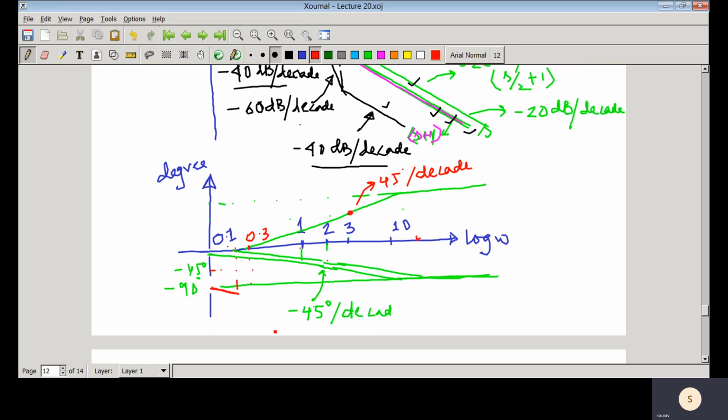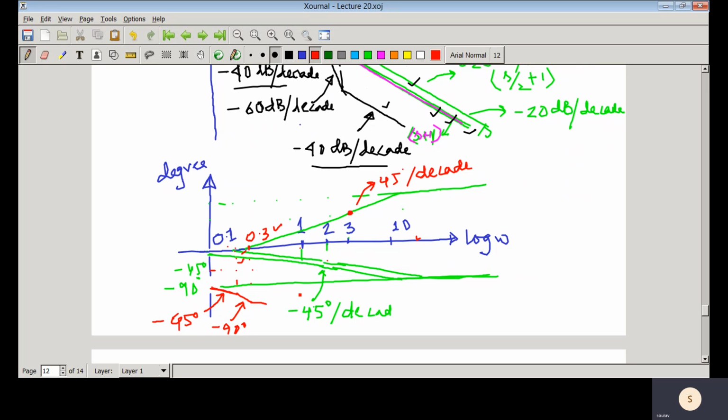So then 0.2 to 0.3, the slope is actually minus 90 degree. So here the slope is minus 45 degree, and here the slope is minus 90 degree, because you can see here this is one slope and there is another slope. And then after 0.3 there is a positive slope, plus 45 degree.